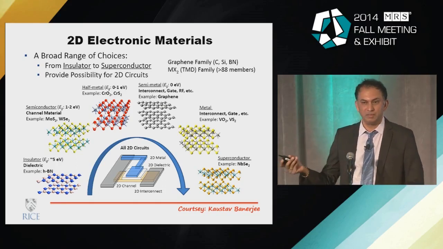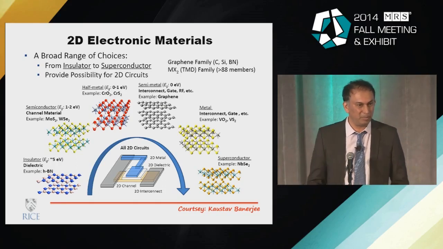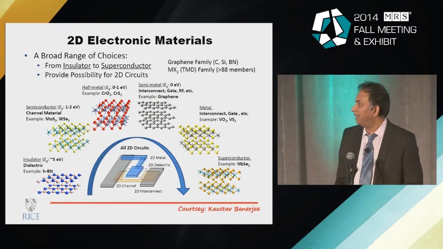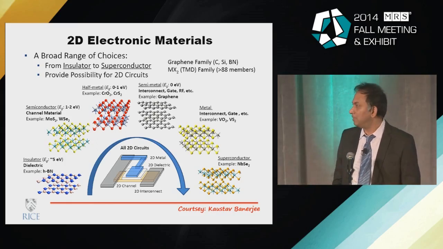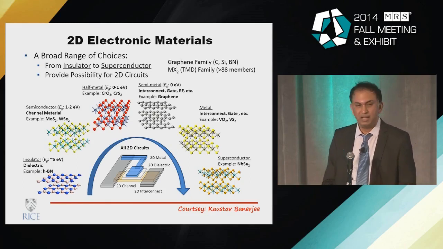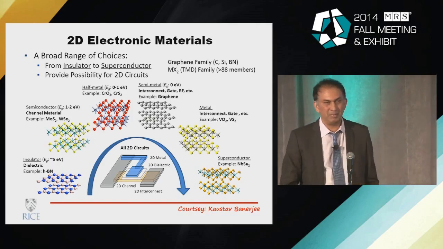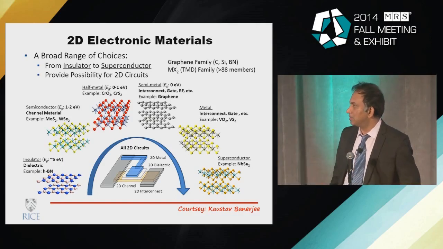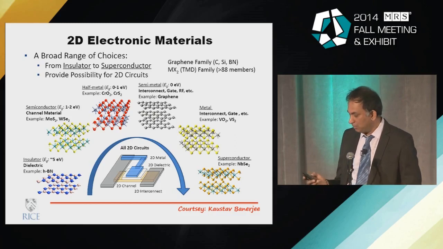And graphene was one of them because graphene showed an extremely high mobility for electrons. But of course, graphene has certain disadvantages. But if you think about this whole set of compositions that essentially span the entire breadth of band gaps and electronic structure, then you really have the possibility at some point of time to build things like all two-dimensional circuits.